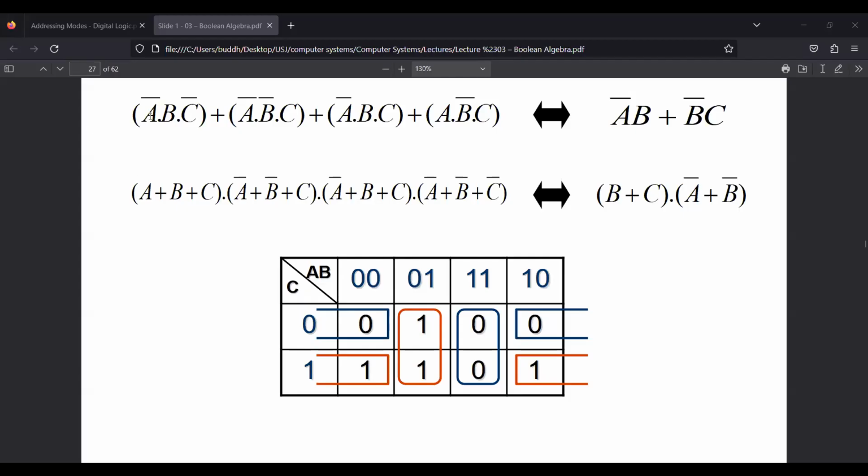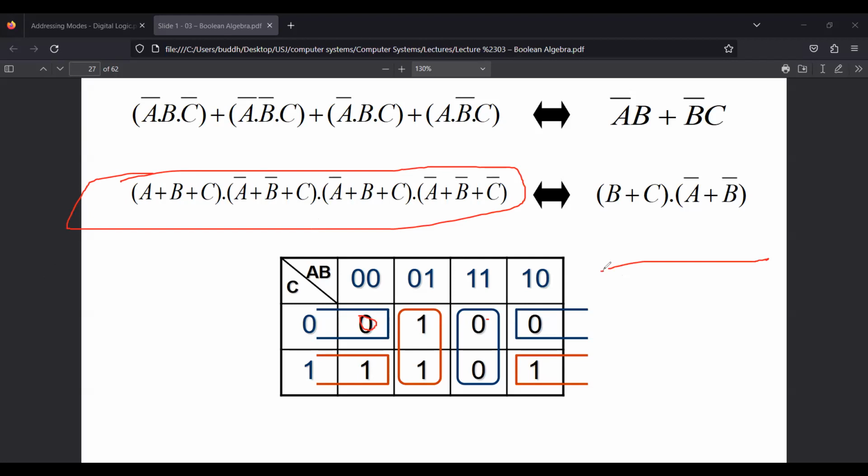Right. So this is one particular example. In the POS method, that means product of sums, we are going to take the zeros, right? So that means these zeros. I will draw the truth table.